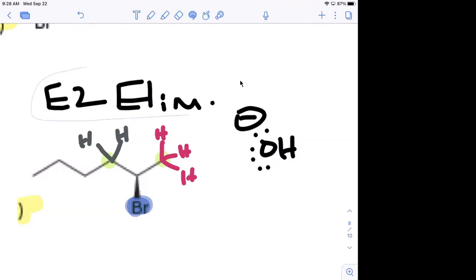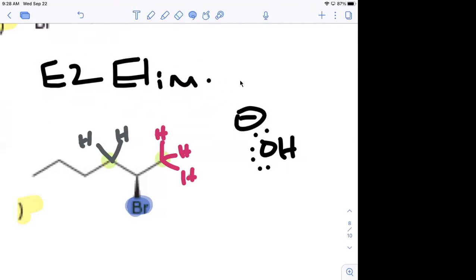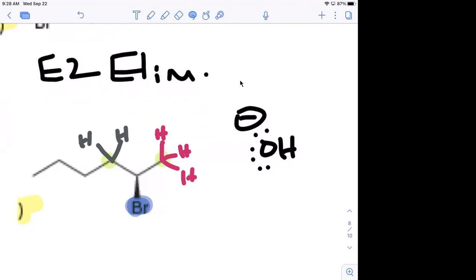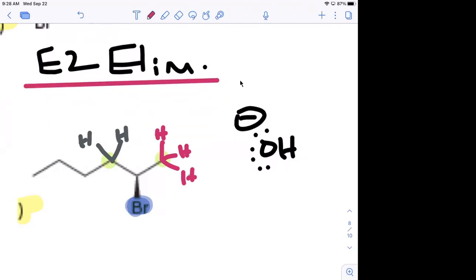Which side? Did you say the pink side? Yes. All right, so let's put the arrows in for that. So this is coming here, boom, like that. I'm gonna break that CH bond and put that, notice where my arrow went, between the carbon where the protons are and the carbon where the leaving group is, right?